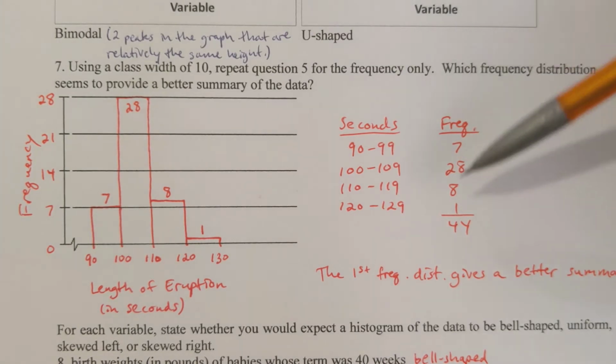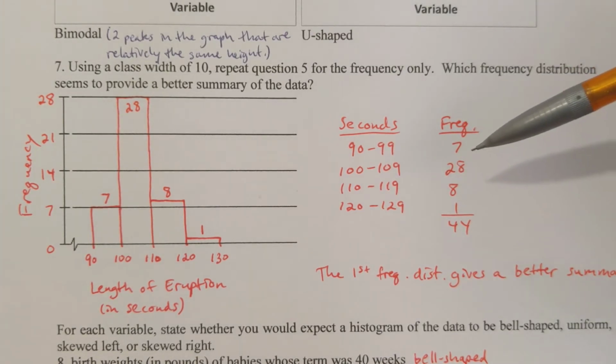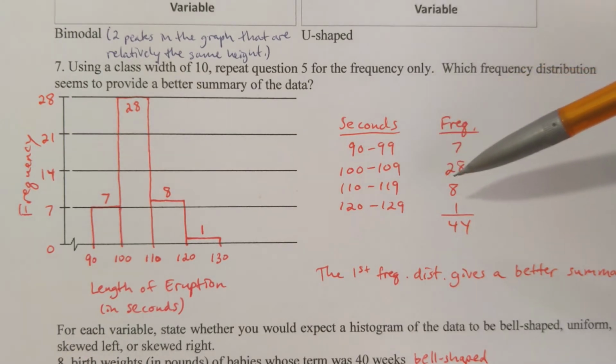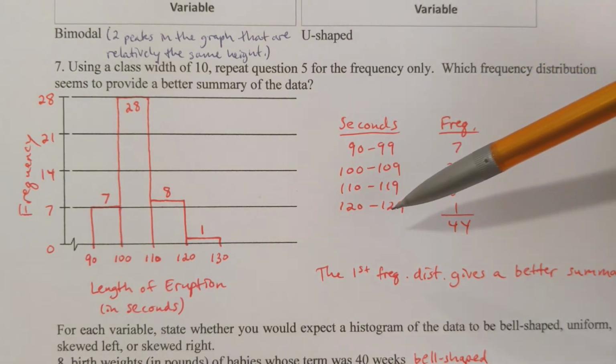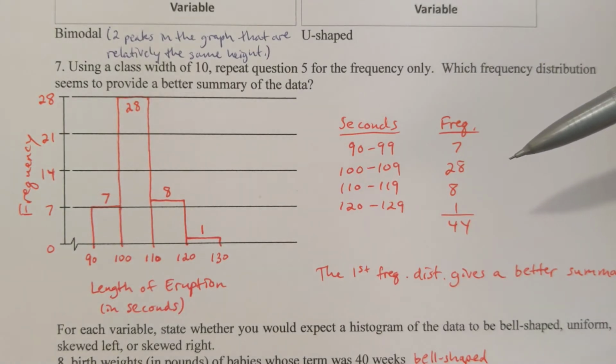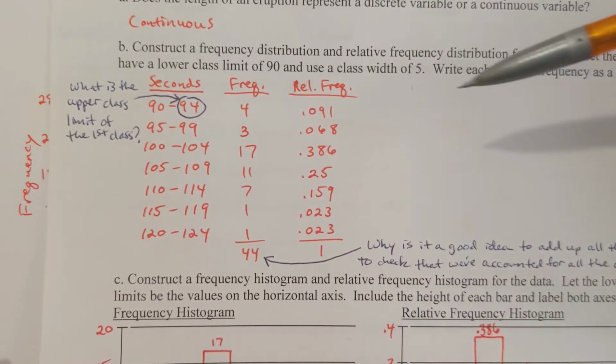Then I'm ready to give the frequencies. I've got 7 numbers in the first class, 28 in the second class, 8 in the third, and 1 in the last class. By the way, how am I getting these numbers so quickly? Because I've already made this distribution.